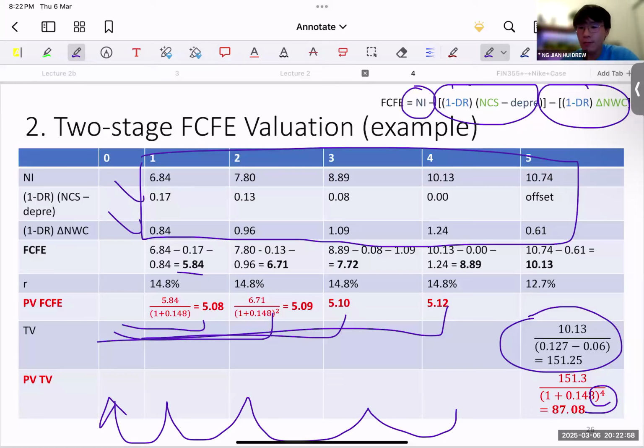Okay, so I want to clarify, what do you mean by mid-year convention? Can you clarify what a mid-year convention is? Discount 0.5 per year. So you are saying you discount every 6 months, is it?